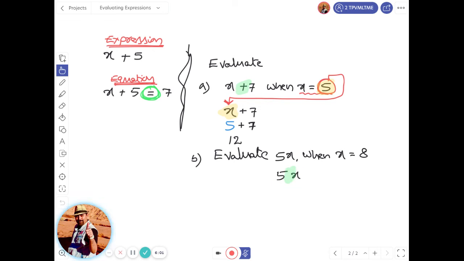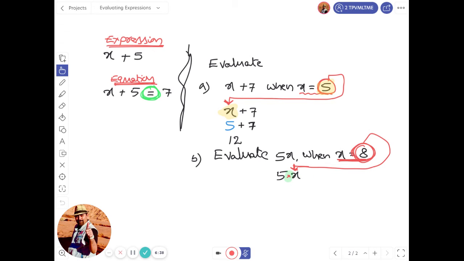Here, please remember there's no sign between a number and a letter, or else I would say between a constant and a variable, we assume that there is a multiplication sign. So I just copied the expression first. Later on, please see that the value of x is given as 8. Whatever the value of the variable is, that is to be brought and plugged in here.